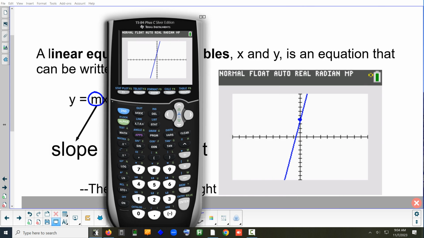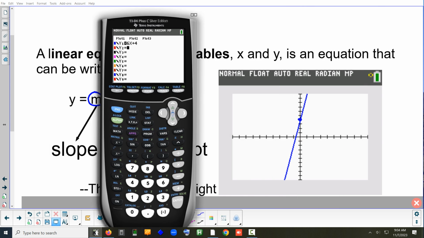What do you think would happen if I put in something like 3x plus 4? Where is it going to cross the y-axis now? Still going to cross at 4, but what do you think the 3 is going to do? It's going to be much steeper. You think a smaller number is going to make it steeper? No. Less steep. Yeah, it's going to make it less steep.